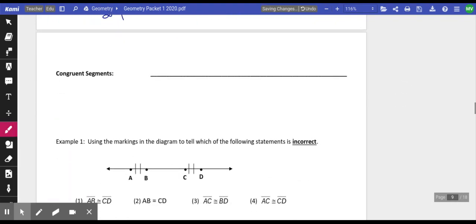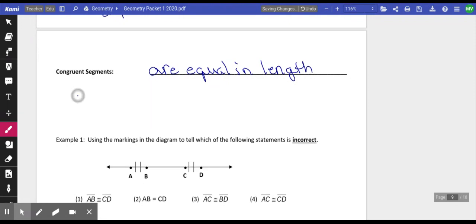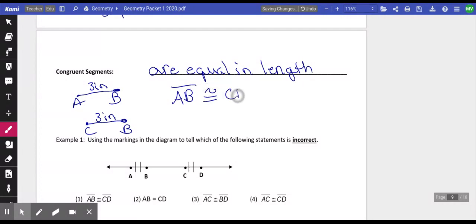Congruent segments. Congruent segments are equal in length. We only say length because remember, a line really doesn't have a thickness. So if we have 2 segments, AB and CD, and say they're both 3 inches, which obviously is not to scale, we would say that AB is congruent to CD.